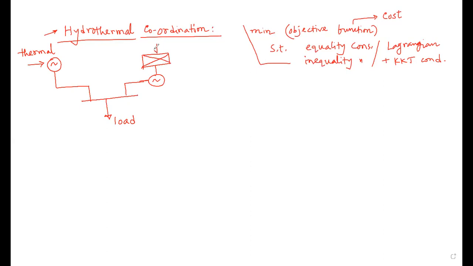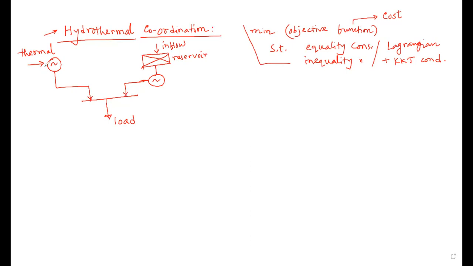There is some inflow of water. This is my reservoir. Of course, this is a much simplified diagram. This is the generating unit, and this is the injection of power to the common bus. Ultimately, both are supplying the load in a combined manner.